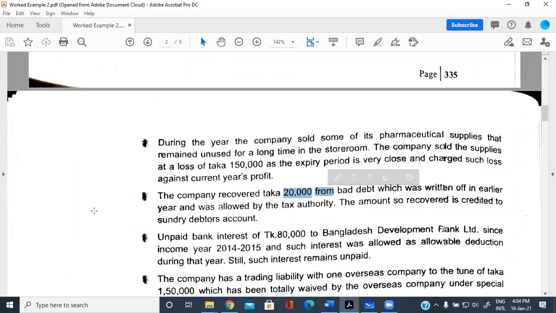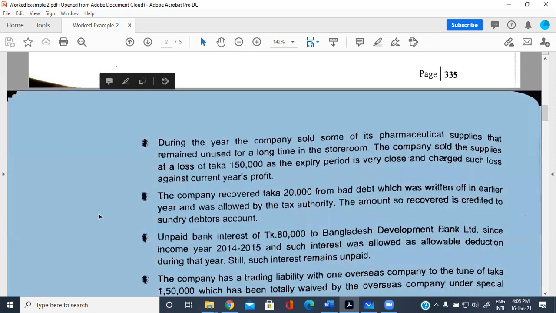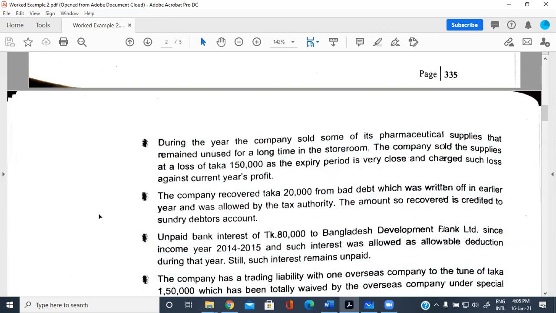The company has mentioned that this recovered amount has been credited to the sundry debtors account. Are you familiar with the sundry debtors account from your financial accounting?